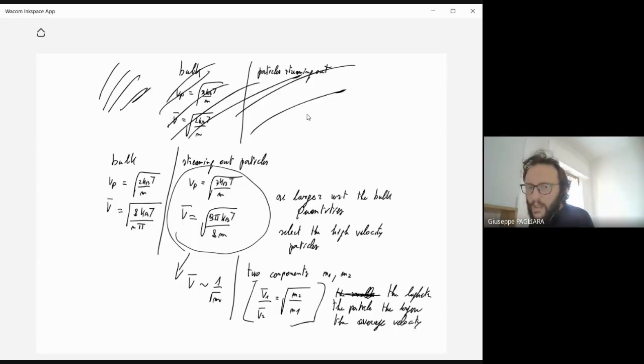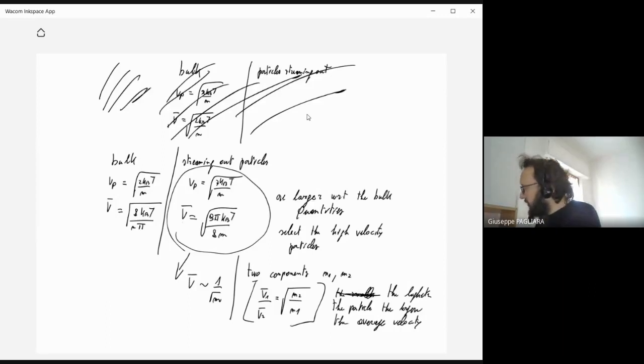Okay. And indeed, effusion is used to select high velocity particles, or actually to separate components.